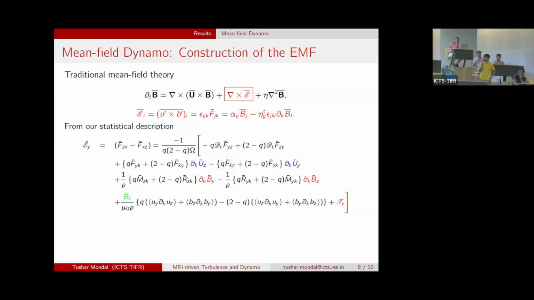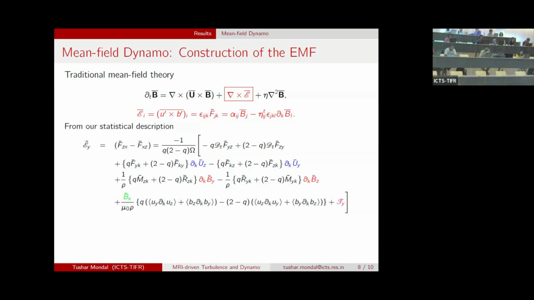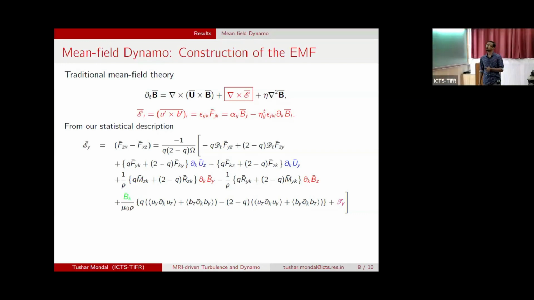Any more questions? In this statistical description, what is the statistical nature that is put into this equation? What exactly are the statistical parameters? Basically this correlator F, whenever I write down this evolution equation for F, is coming from the correlator of two fluctuating quantities.